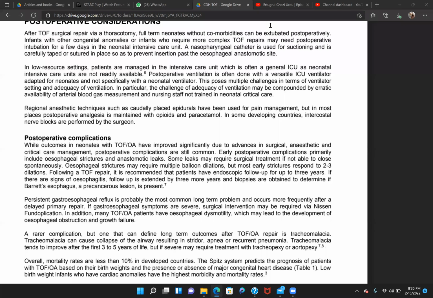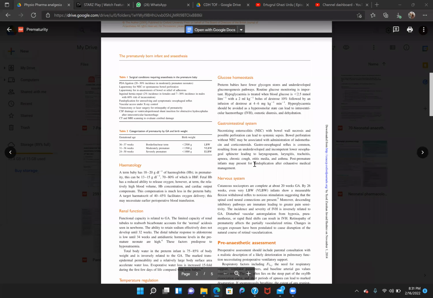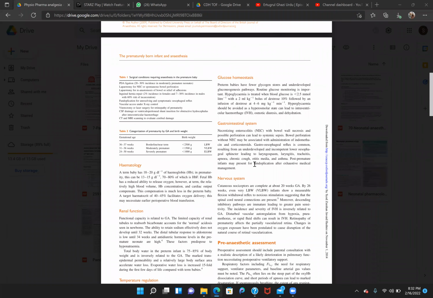And sir, all the concerns of prematurity, like congenital anomalies as well. Like all the physiological, pharmacological, and anatomical considerations in any baby, you will have those. But additionally you have to look into the cause of it.